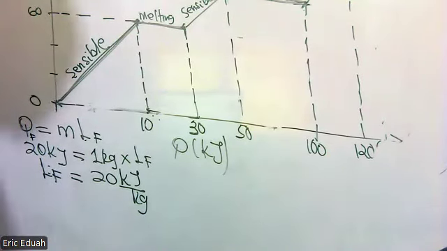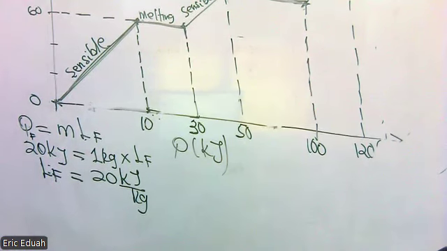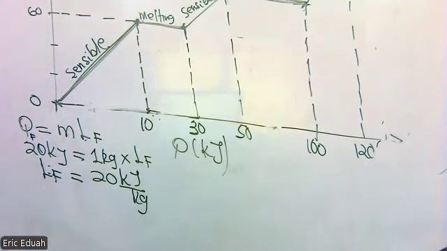Then 2. What is the specific heat of vaporization of the material? I want you to try this. We are to determine the specific latent heat of vaporization of the material.